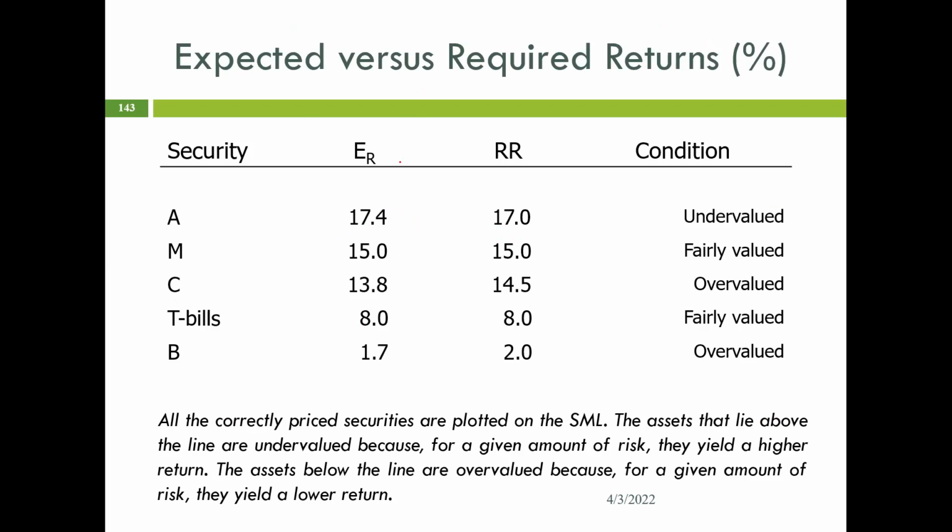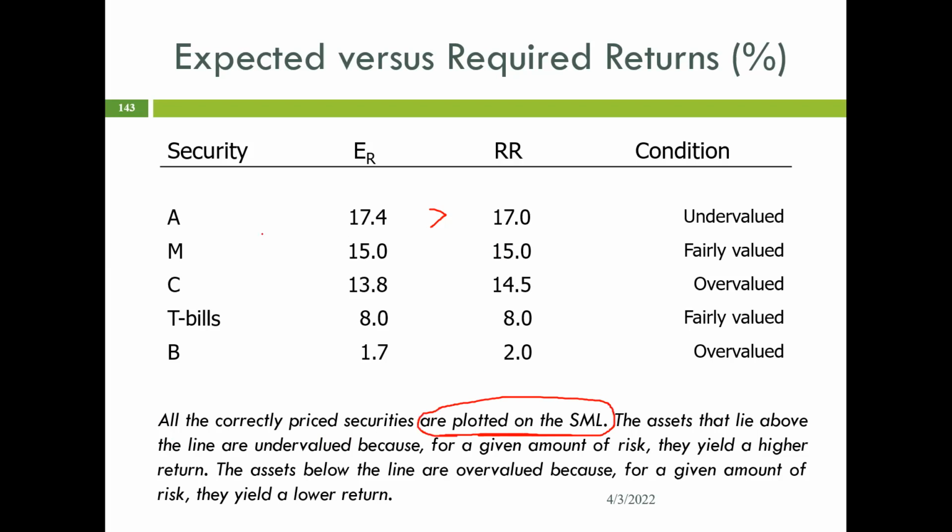So here expected return is greater than the required rate of return. So this stock is undervalued. We have undervalued it because the rate of return should be 17%, but we have valued the security using the expected return of 17.4. Right?